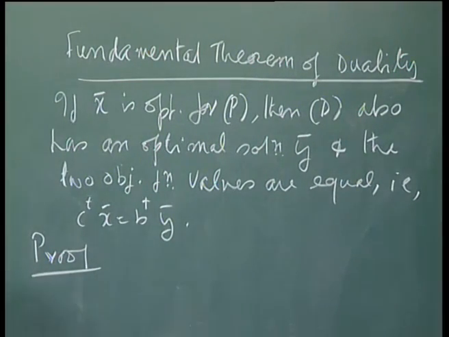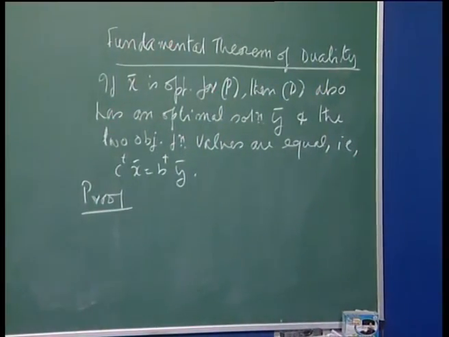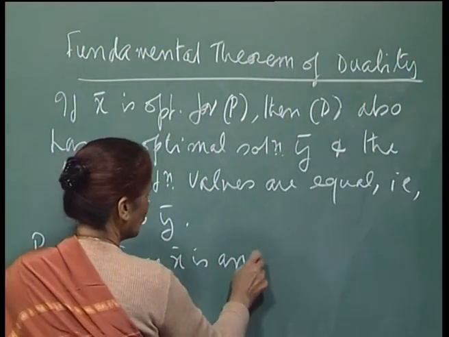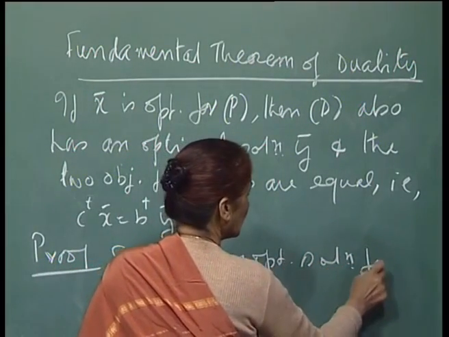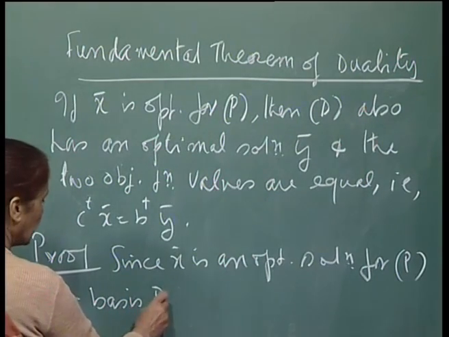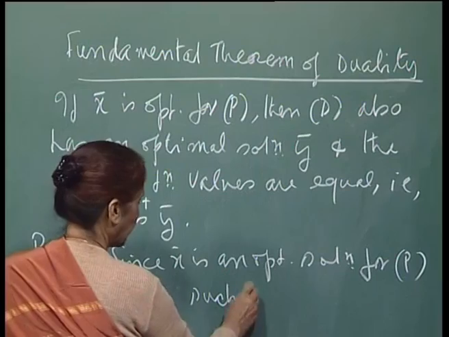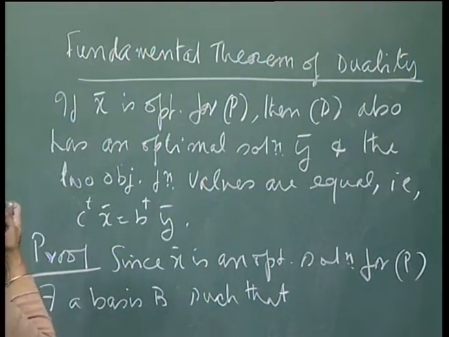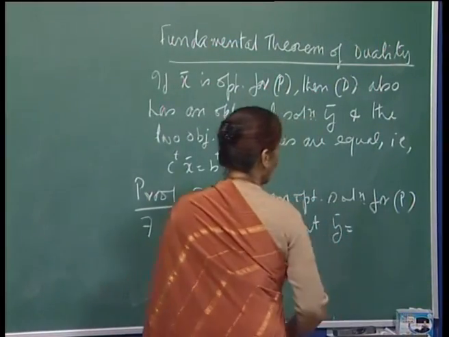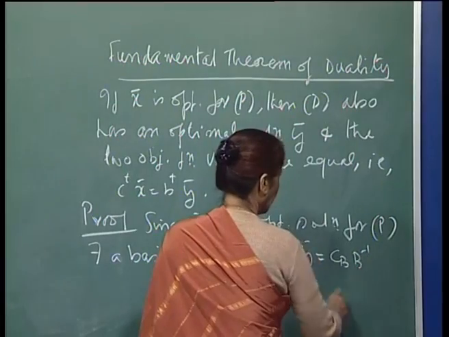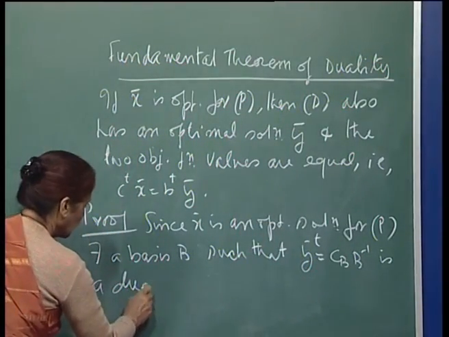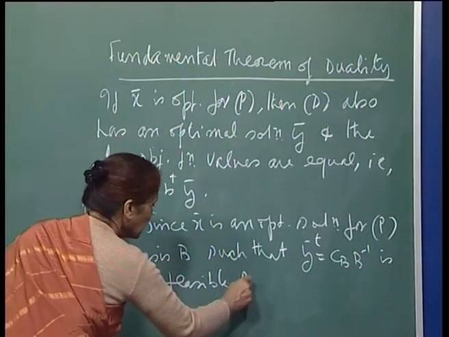Proof. Since x bar is an optimal solution for P, there exists a basis B such that, and this we have shown while I was defining the dual problem, y bar transpose equal to CB B inverse is a dual feasible solution.